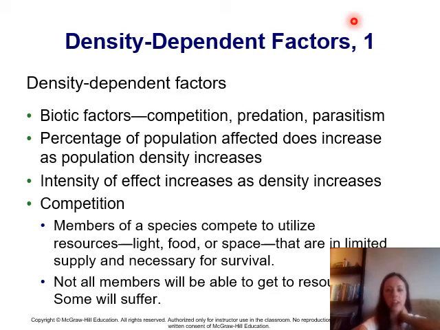Competition is defined as a competition between or within the animal and plant species. For example, they need to compete to find a place to live, to find food, and to find mates to reproduce with. The more individuals there are, the greater the competition, and the more individuals that will experience loss and suffer.